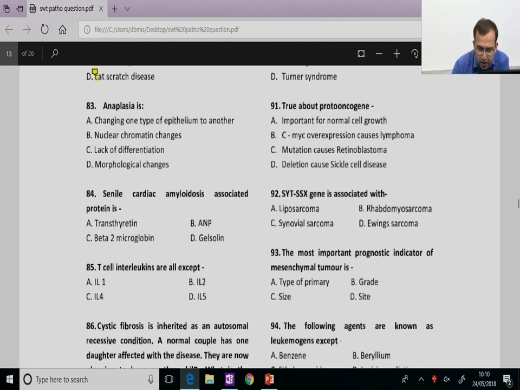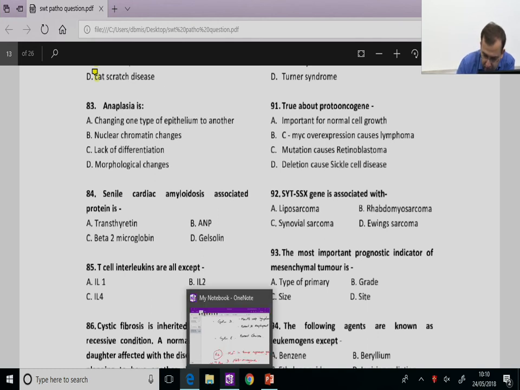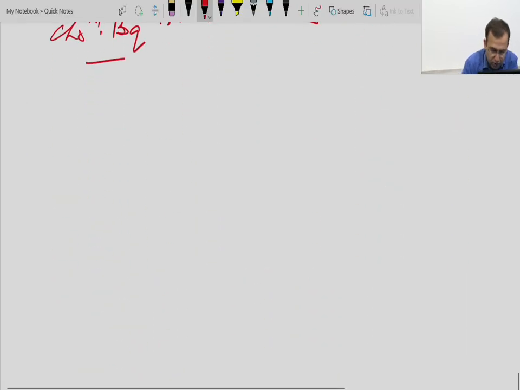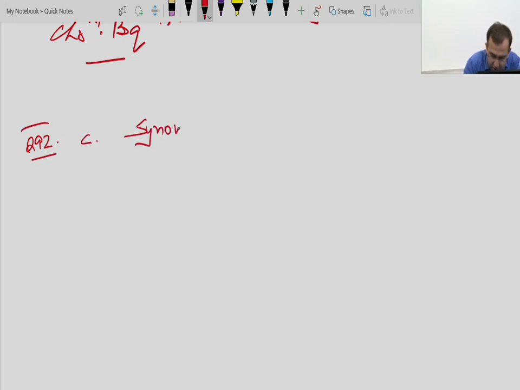The SYT-SSX gene is associated with synovial sarcoma, so the answer is C, synovial sarcoma.